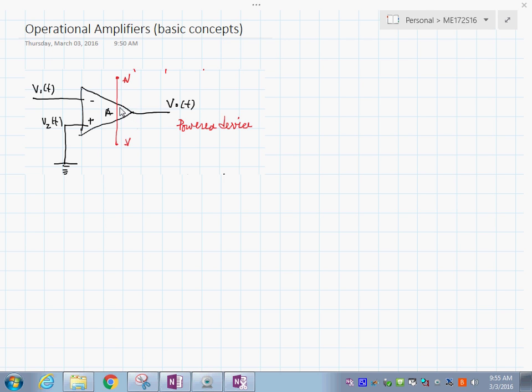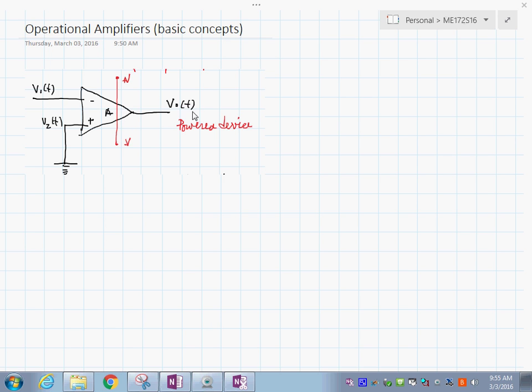This symbol is basically like a transformer. In here we put the difference in voltages from an external power source, to convert this voltage through this constant, this gain, into this output voltage.